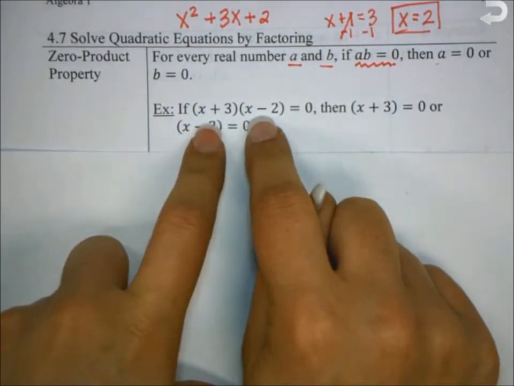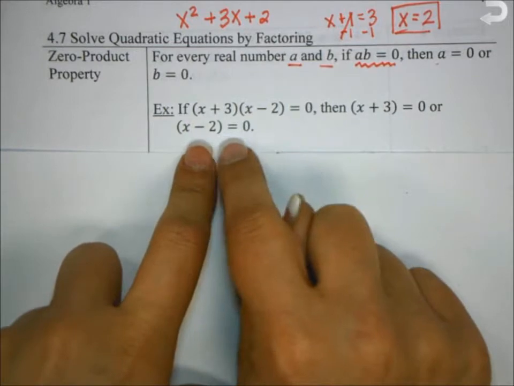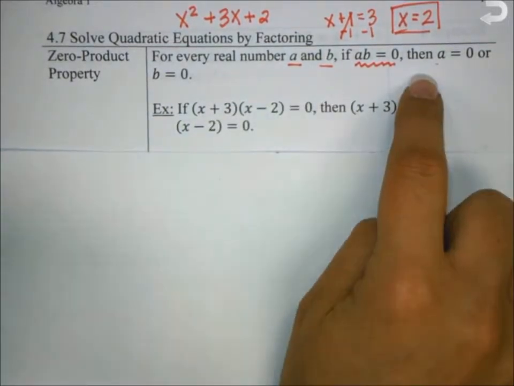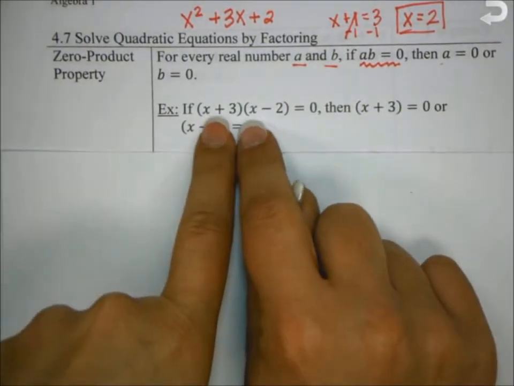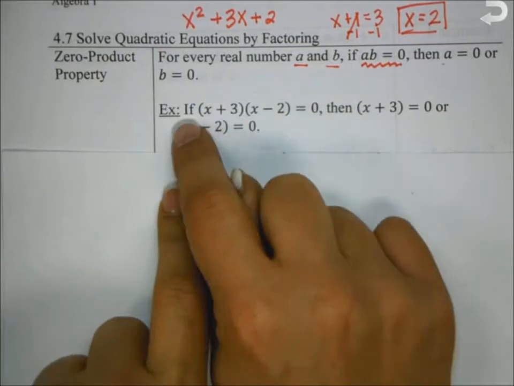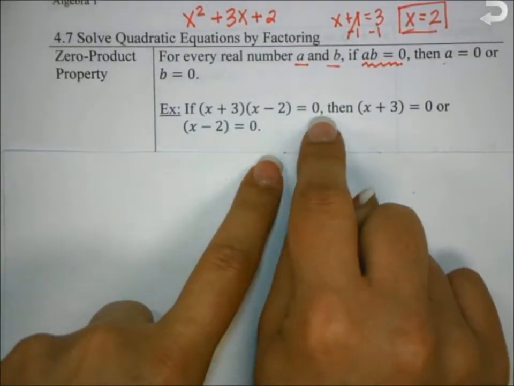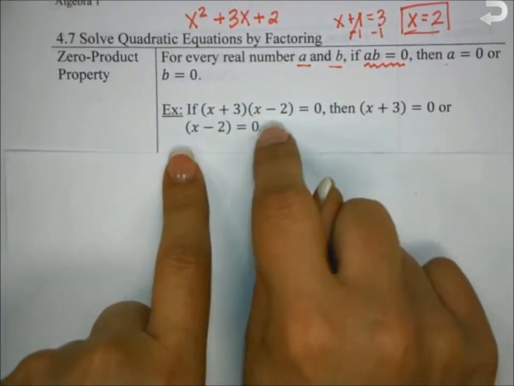So either x plus 3 equals 0 or x minus 2 equals 0. So this is the same idea of what I just wrote up at the top, but now we're applying it to multiplying binomials. So I have two terms here that I'm multiplying together. The answer is 0. So that means either this one has to be 0 or this one has to be 0. Okay?